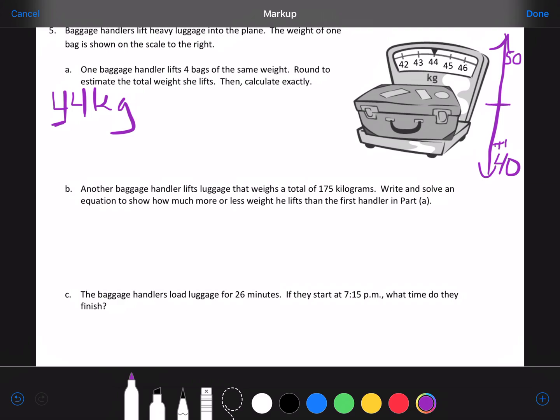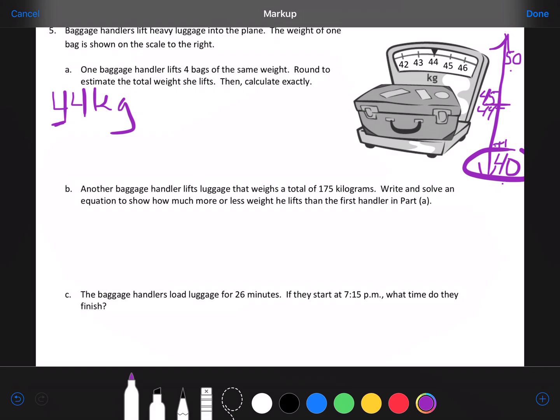And what's the midway between 40 and 50? Yeah, the midway point is 45. So is 44 going to be closer to 40 or closer to 50? Yeah, it'll be closer to 40 because 44 is just below the midway point. So we're going to have that as being 40.